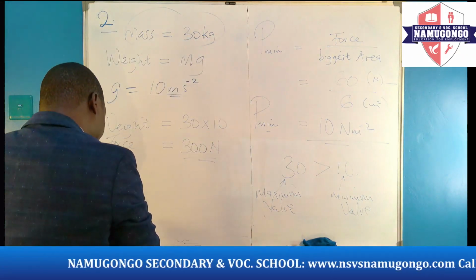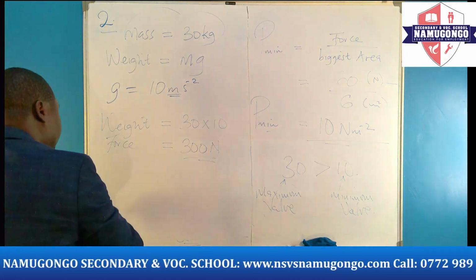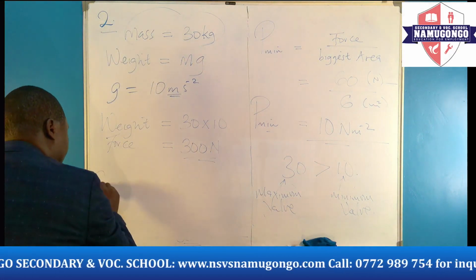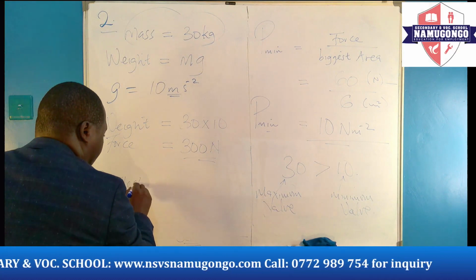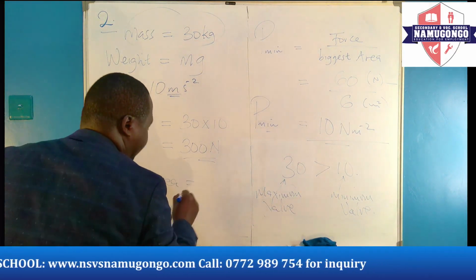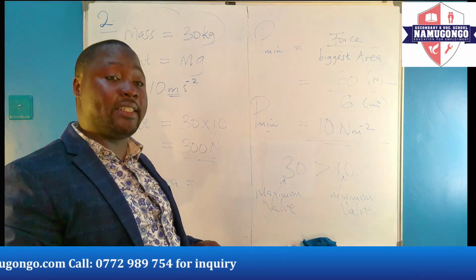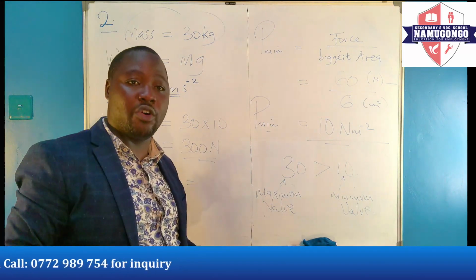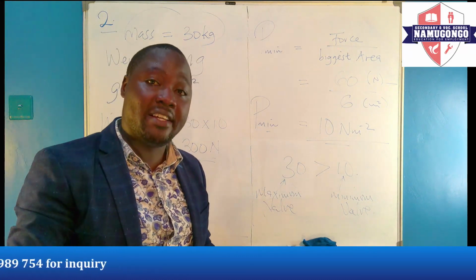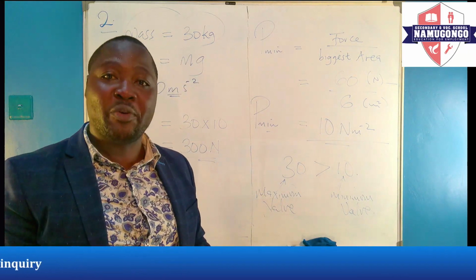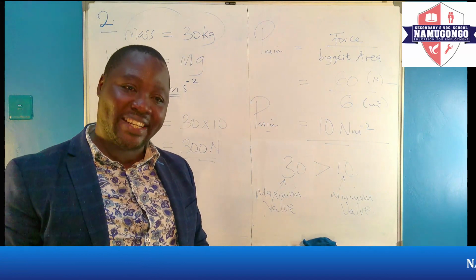Now the area, we are going to determine the smallest area. The smallest area, we are going to take the smallest dimensions, and that is 20 centimeters and 10 centimeters. Of course, you know that 1 meter is very big. 1 meter is equivalent to 100 centimeters.